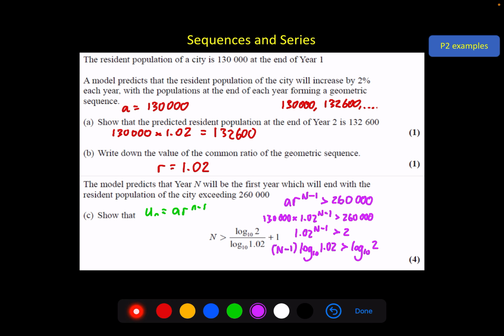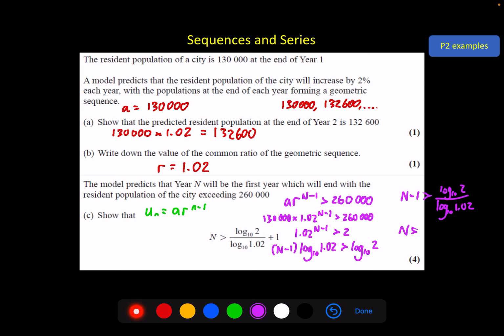Now I can divide both sides, but I should just check on my calculator that log base 10 of 1.02, the thing I'm dividing by, is not negative, because if it's negative I've got to flip the sign. It's a very, very small number, but it is positive, so I don't need to change the sign. So we've got n minus 1 is greater than log base 10 of 2 divided by log base 10 of 1.02, and I'm almost there.